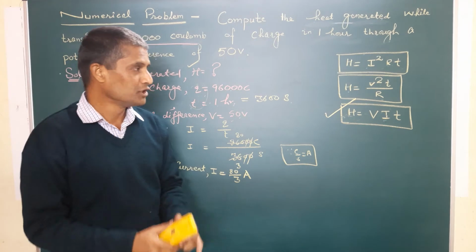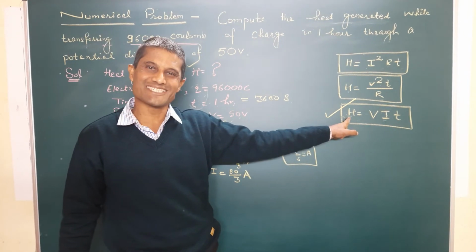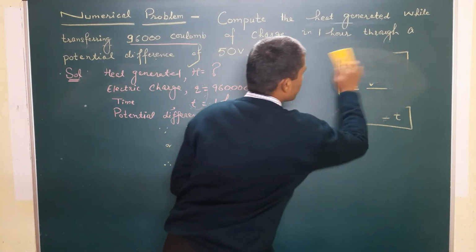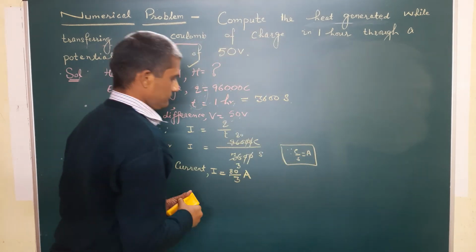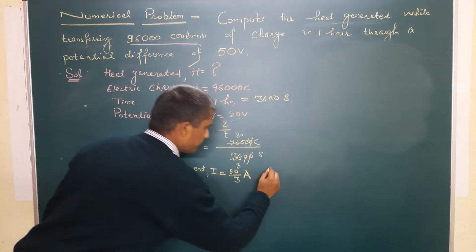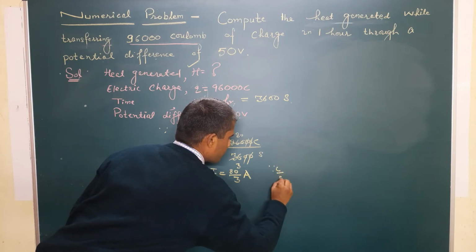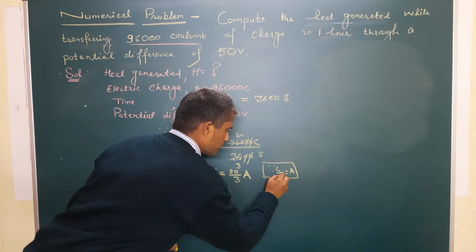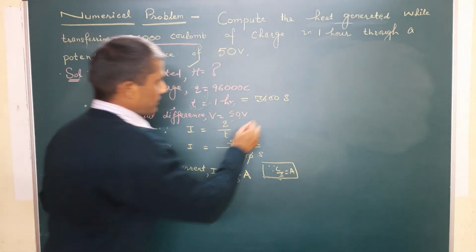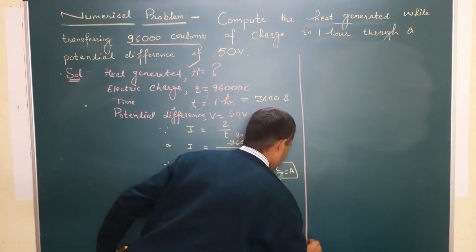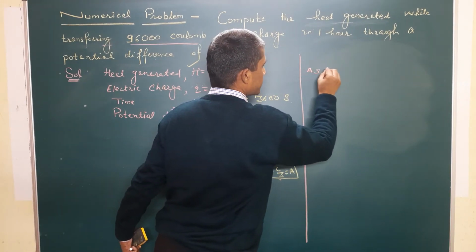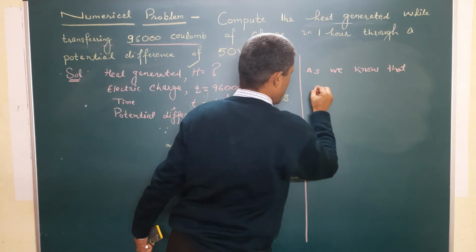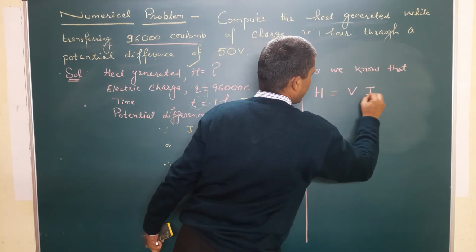So we have got current I here. Now we are in a position to use this formula straight away. H is equal to VIT.